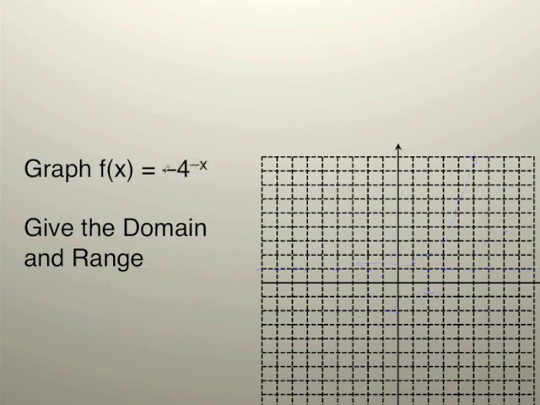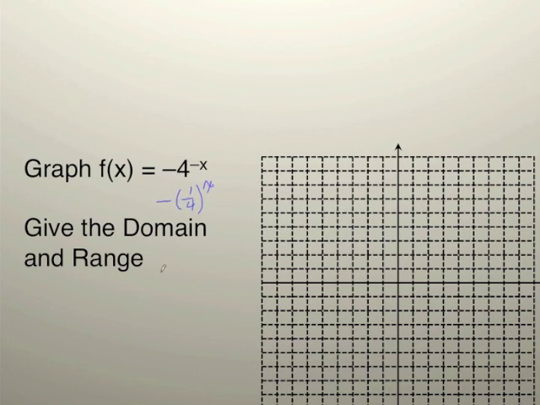This graph has a negative, so it's going to reflect down. And this negative x, remember what happens there, changes this to 1/4 to the x. It flips it over. So that's really the function we're graphing.